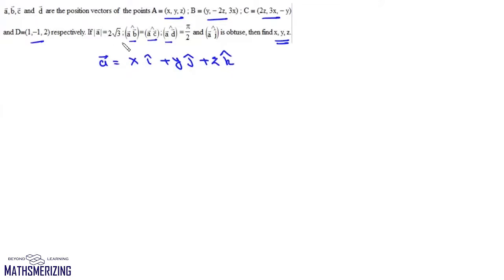Now mod A is 2 root 3. Now mod A square is X square plus Y square plus Z square, and it is equal to 2 root 3 square, which is 12.